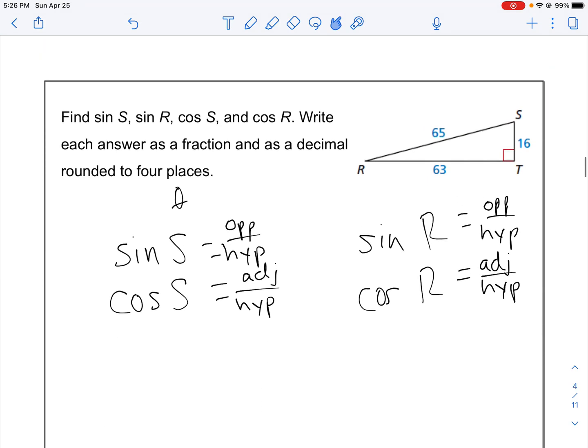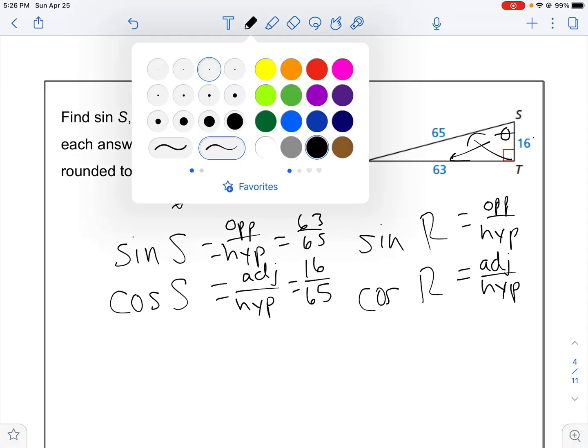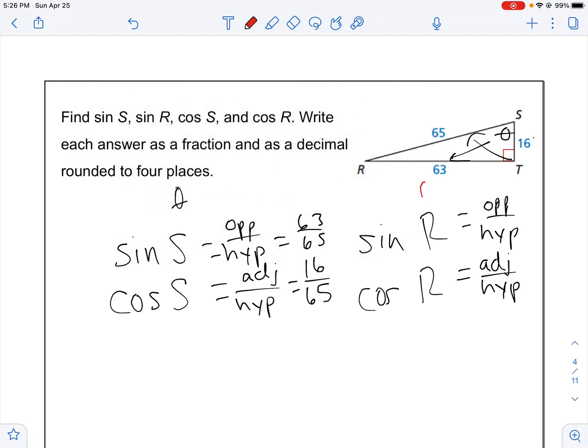If it's sine S, that would mean that our theta is here. Opposite would be 63, hypotenuse 65, adjacent 16, and hypotenuse 65. Now, this is our theta, so now they want us to put it at R. Our opposite is 16, hypotenuse is 65, that does not change.